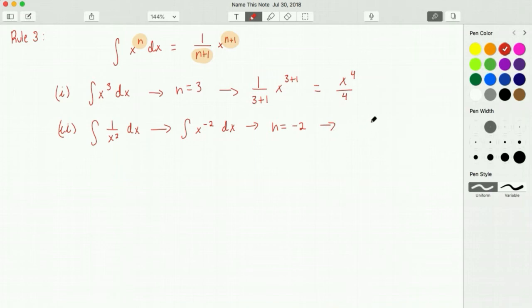And by that we can see that it's 1 over negative 2 plus 1 times x to the negative 2 plus 1, which is going to give us a value of x to the negative 1 over negative 1. Simplifying this, we can see that that's negative 1 over x.